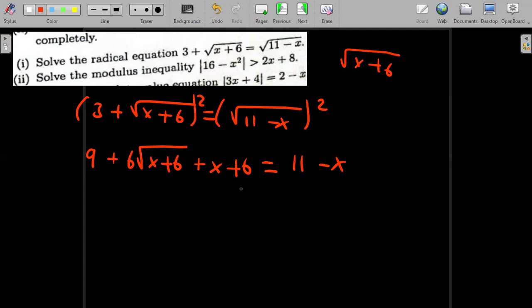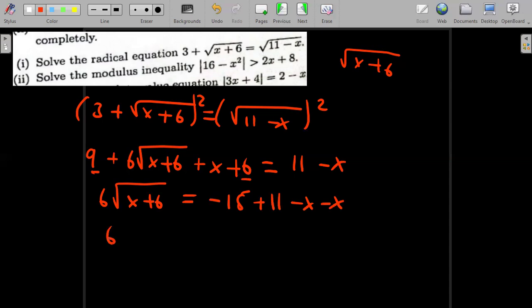Now at this stage, you can group the like terms. I will move everything that does not have a radical to the right side, such that I remain with 6 root of x plus 6 equal to negative 15 from the 9 and 6 added together, then plus 11, then negative x, then minus x.